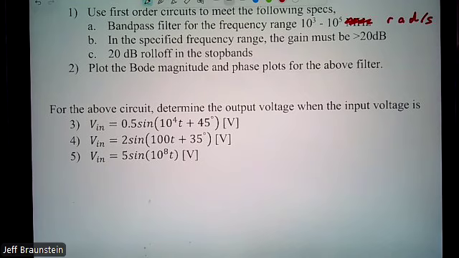So what's the dB value? Where's 10 to the 4? It'll be at 100 magnitude. What was it in the plot?